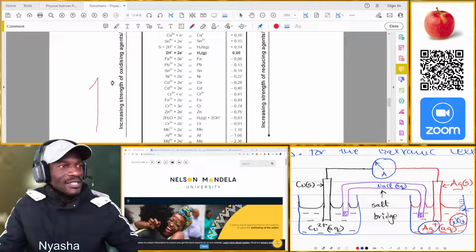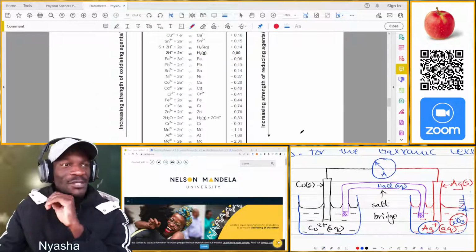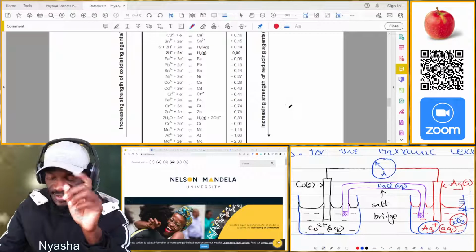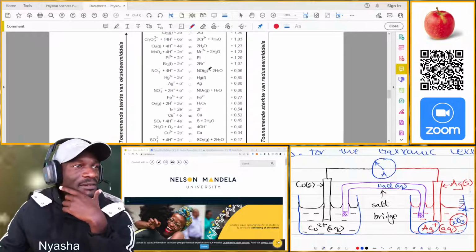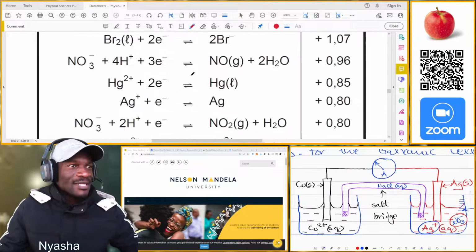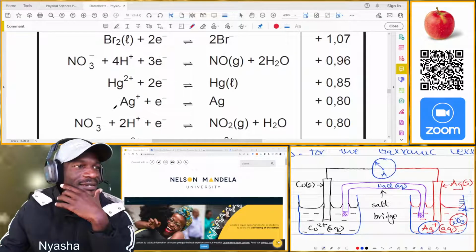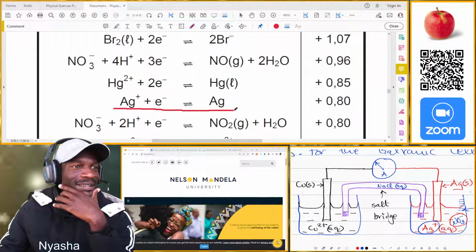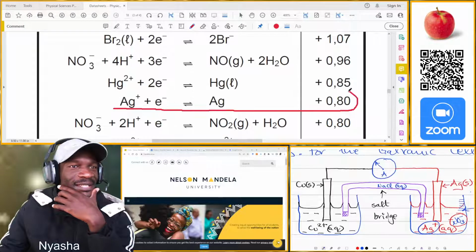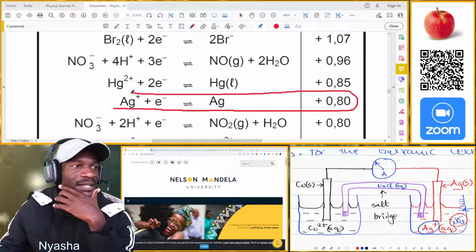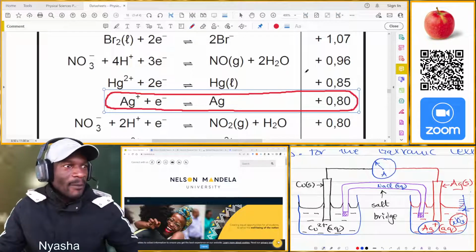Now, in our case, between copper and silver, where is silver? Let's blow this up. This is our silver, and that is its standard reduction potential. Where is our copper?